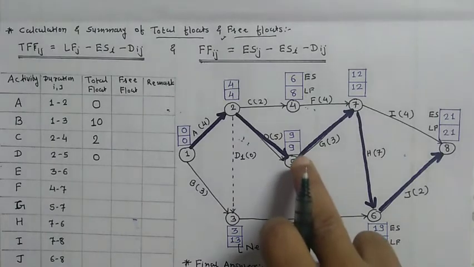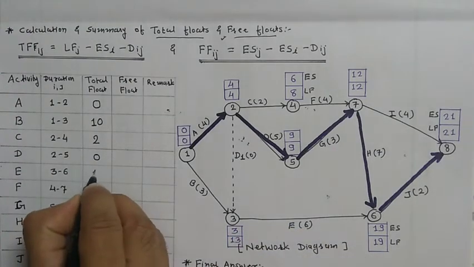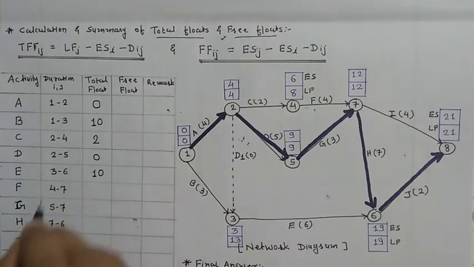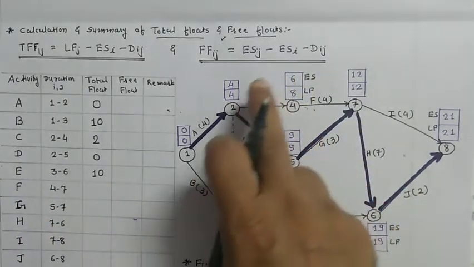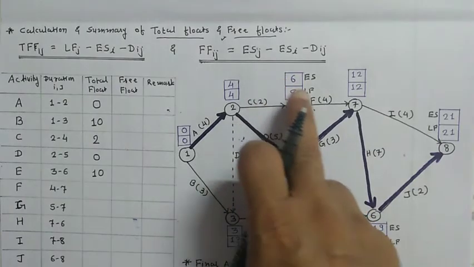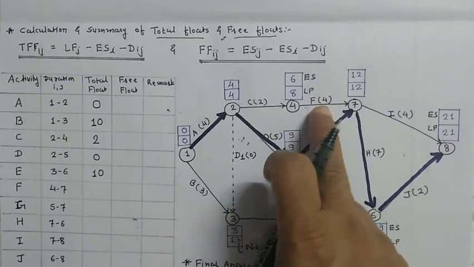For 3 to 6, 19 minus 3, 16 minus 6, that is 10. Now for 4 to 7, 12 minus 6 is equal to 6, and minus activity duration, so 6 minus 4 is equal to 2.